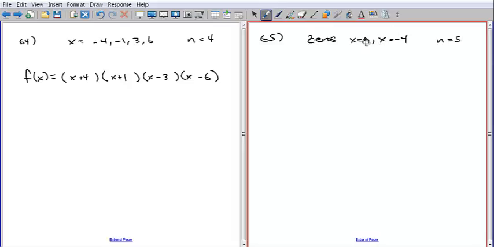So typically, when you have an odd degree, you have an odd number of zeros. But we only have 2, so that must mean one of these we have to make a double 0. So it could either be 0 could be the double 0, or -4. So I'll show you both ways.